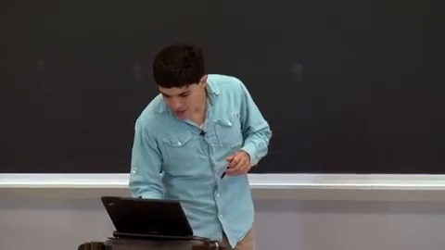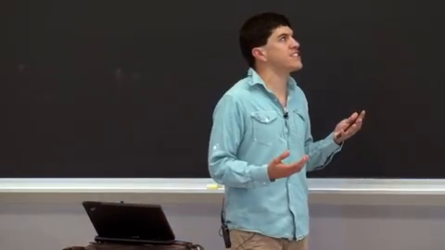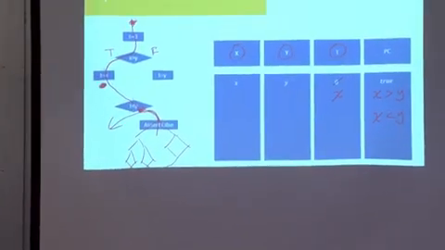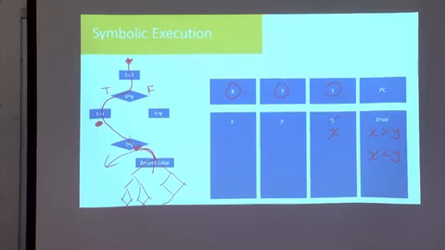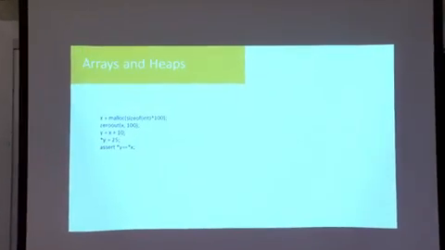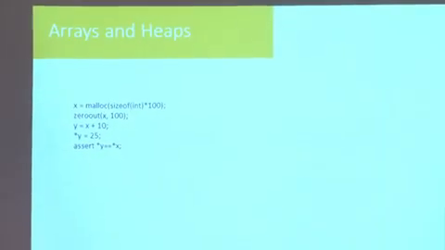OK, so far, though, we've been talking mostly about toy code in the sense that it's only integer variables, branches, very simple stuff, right? What happens when you have a program that is more complicated? And in particular, what happens when you have a program that involves the heap?